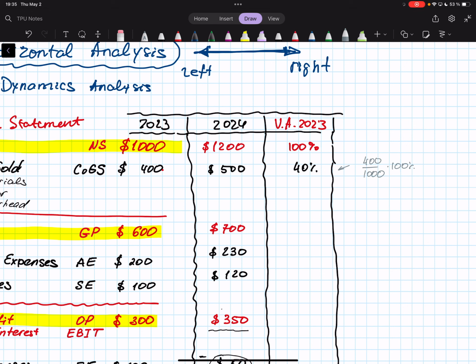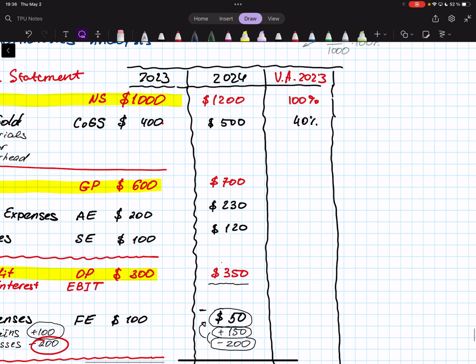So I get the 40%. So I take the 400 and relate it to a base. The base is 1000. Keep it here, just for notion.